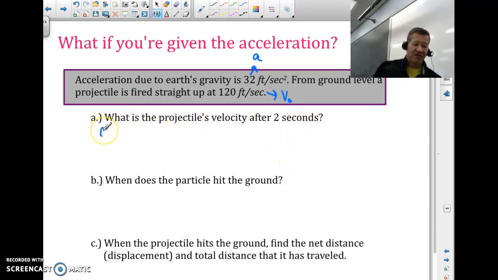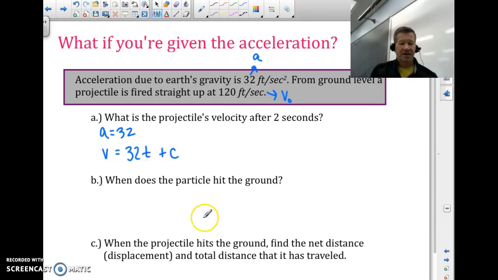Well, if acceleration is 32 feet per second, velocity would be its antiderivative, which is, in general, 32t plus c. Now, what do I know? I know that the starting velocity was 120. So at time 0, the velocity is 120 when t is 0.